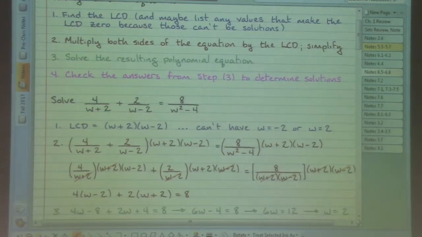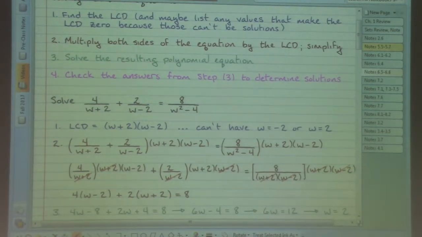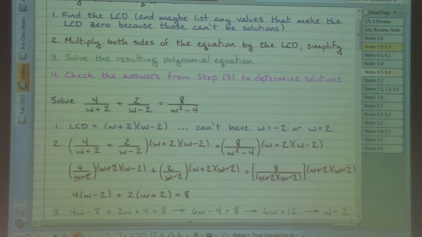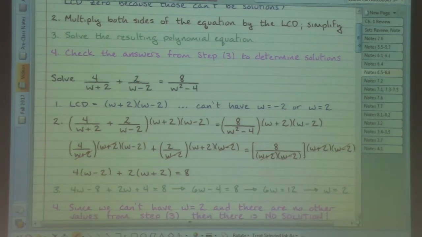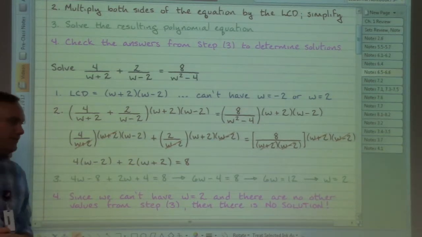If we actually check w equals 2, we can see why that's the case. When you take the 2 and put it into that second denominator and third denominator, those two denominators turn into zeros, and that's a no-no. So whether we get it by checking in step 4 or having made a note of things in step 1, there is that possibility that we might have to throw out one or more answers.